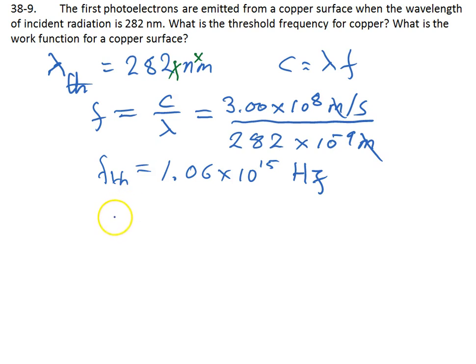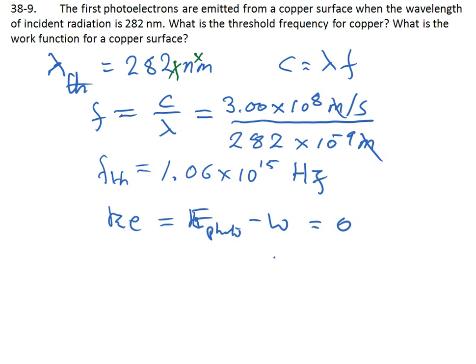Well, the kinetic energy of an electron ejected from a surface is equal to the incident energy of the photon minus the work function of the surface. And at threshold, this kinetic energy is equal to 0.